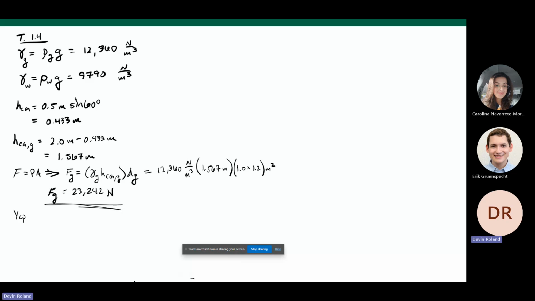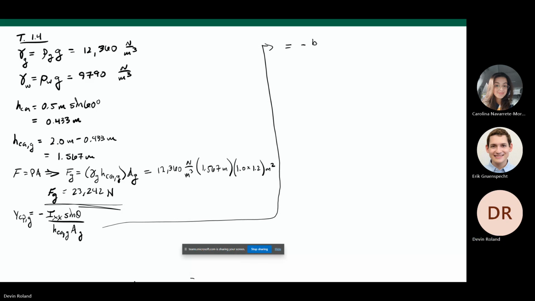We know that YCP is equal to negative IXX sine of theta divided by HCG times A. So that value is going to be negative BL cubed over 12, that's your moment of inertia formula, times sine of theta divided by HCG glycerin times the area of glycerin.